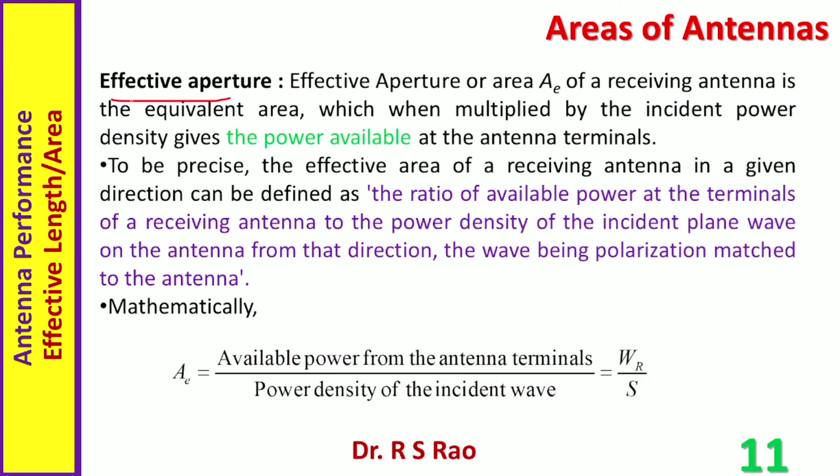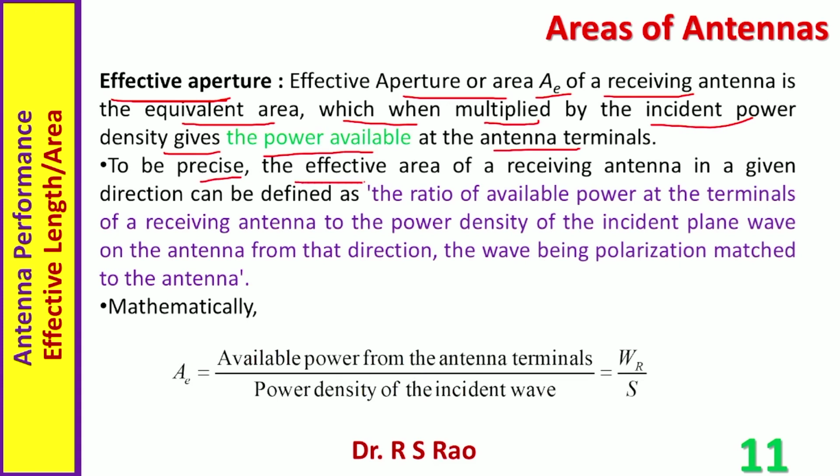Effective aperture, or effective area, as already mentioned, is the most important of the antenna areas. Effective area, its symbol is AE, of a receiving antenna is the equivalent area which, when multiplied by incident power density, gives the power available at the antenna terminals.